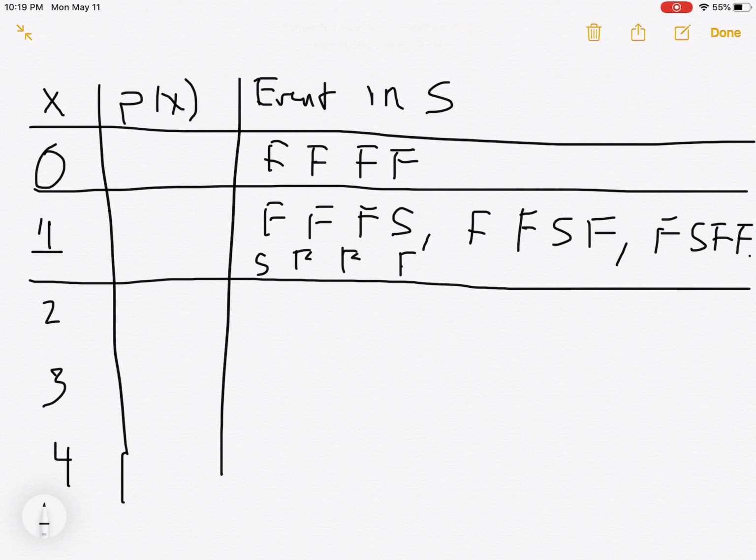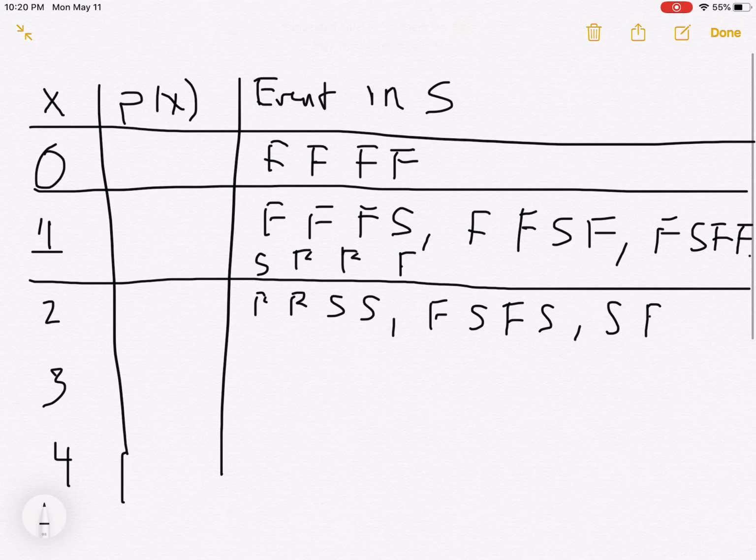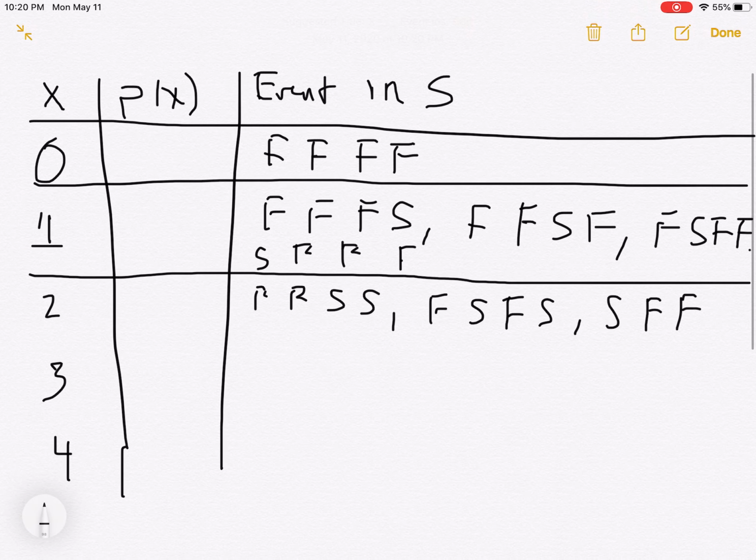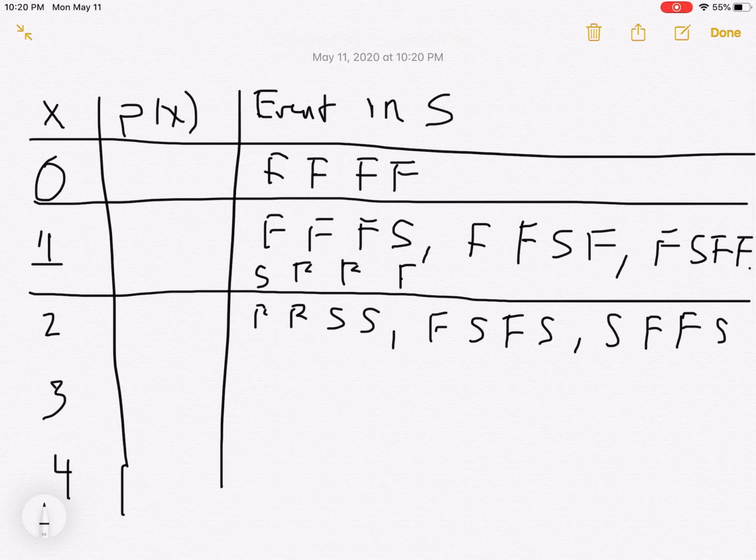For x equals 2, I could have failure, failure, success, success. Or I could have failure, success, failure, success. Or here's another way to have two successes. Success, failure, failure, success. And here's yet another way.